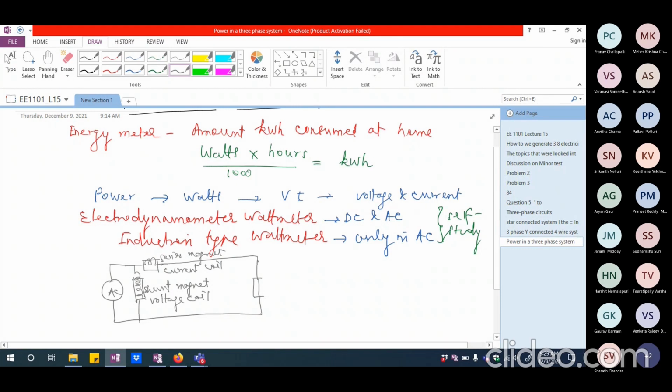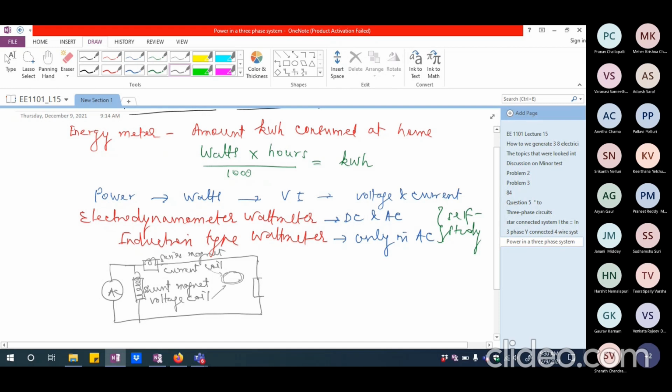Now, these two will create their own magnetic field. Because they create their own magnetic field, there will be a small aluminum disc mounted in between these two. So this will have induction because of the current coil's magnetism as well as the voltage coil's magnetism.